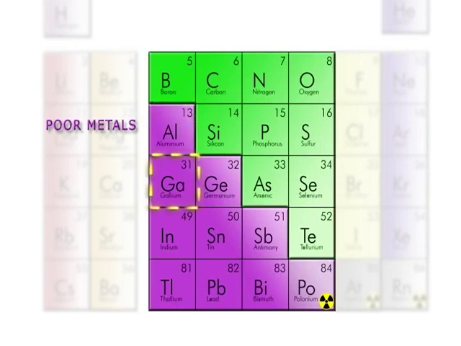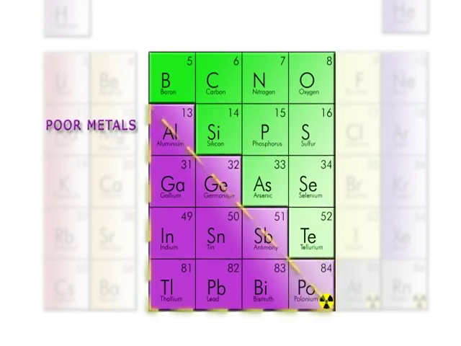The 10 commonly accepted poor metals form the bottom triangle of these elements, and they are aluminum, gallium, germanium, indium, tin, antimony, thallium, lead, bismuth, and Marie Curie's radioactive polonium.